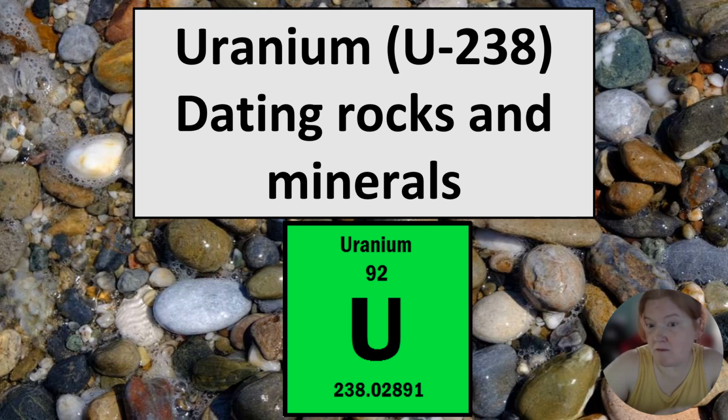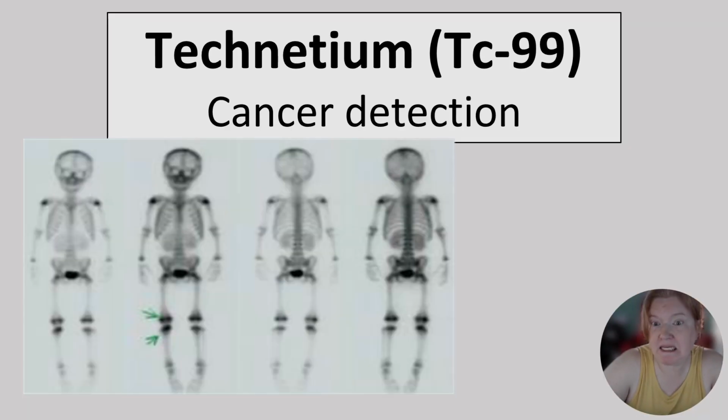Why? Because they have been around a lot longer, and uranium has a really long half-life. And then technetium-99, and this is used for cancer detection. So if you remember carbon-14, iodine-131, and uranium-238, the remaining ones, cobalt-60 and technetium-99, are both related to cancer.